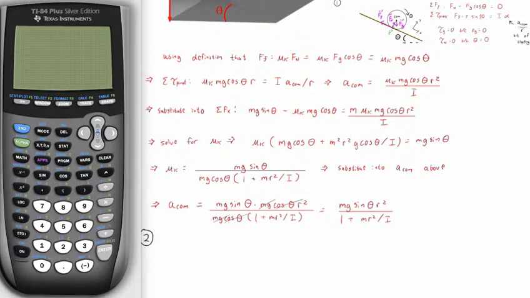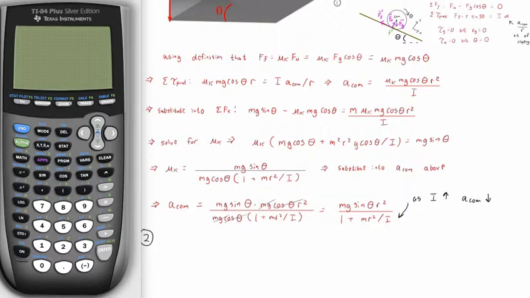Sure enough, as I increases, translational acceleration decreases, because as this term goes up, this makes this term smaller. If we're dividing by a smaller number, then our acceleration is going to become larger.